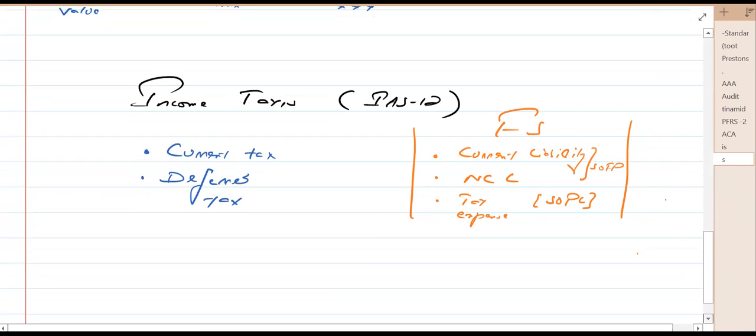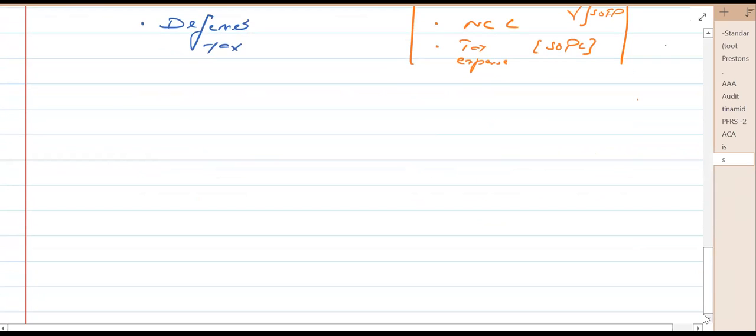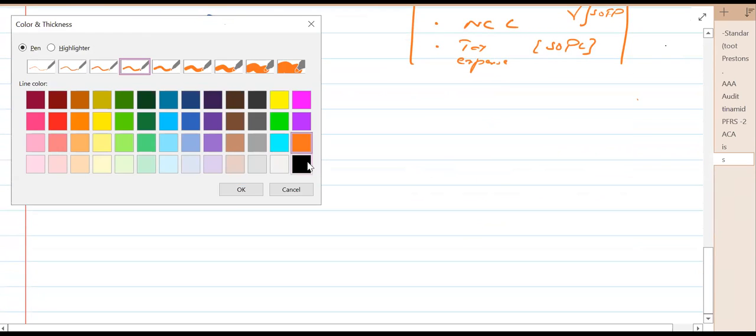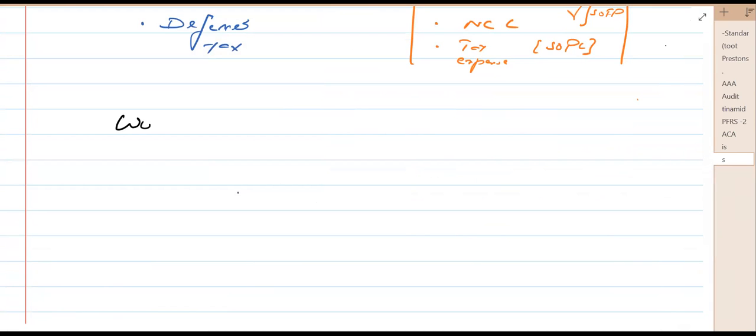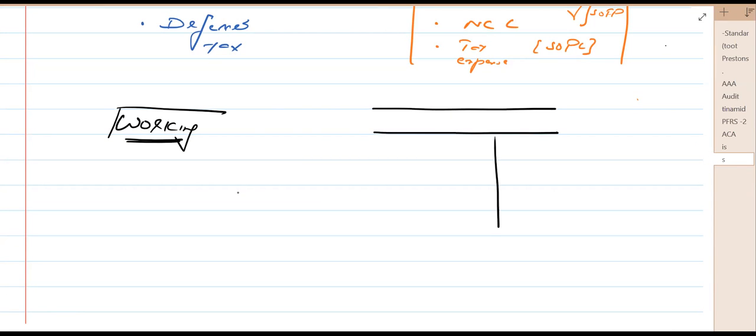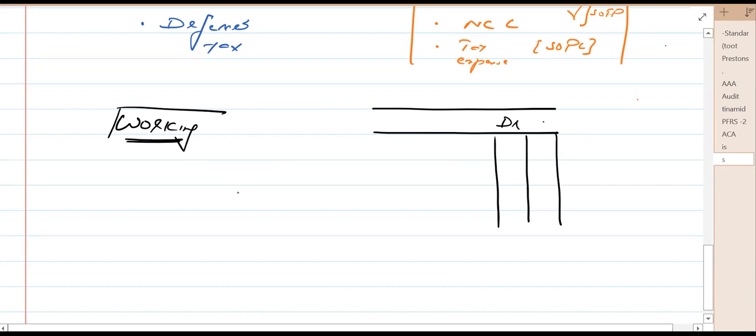Now, how can we calculate it? There is a basic working again. You will have the trial balance, and the trial balance has two sides, debit and credit.